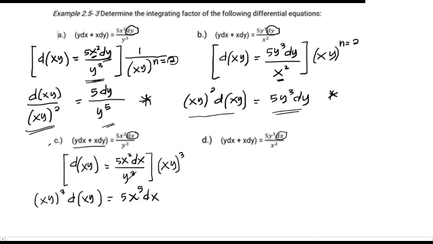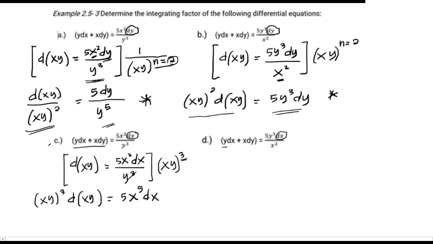So comparing our examples A and C, in letter A our exponent n here is the exponent of x, but in letter C, our exponent n here is the exponent of y. And this variable x or y are the variables to be eliminated.